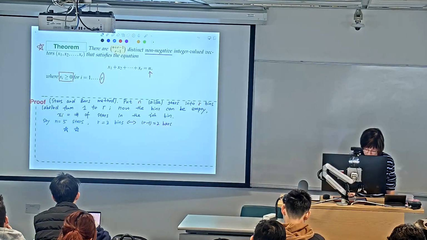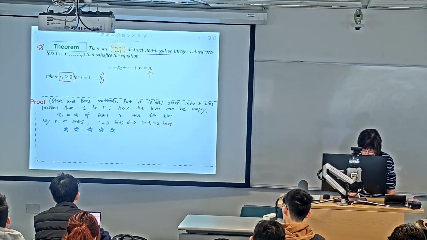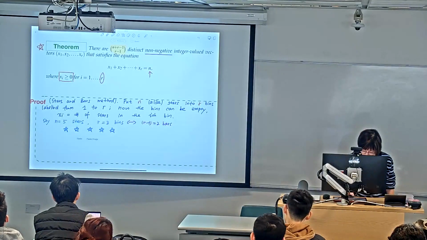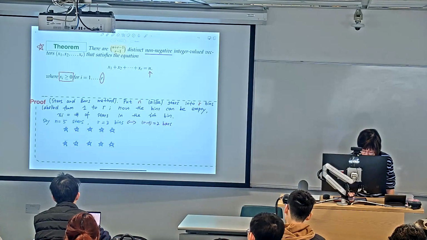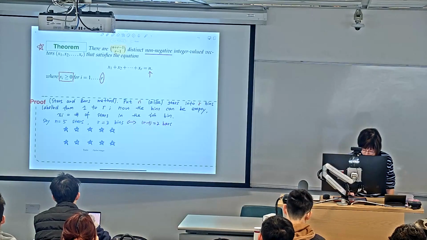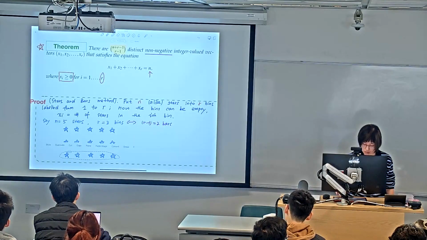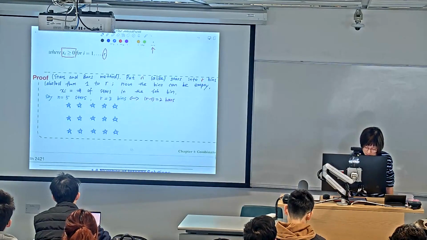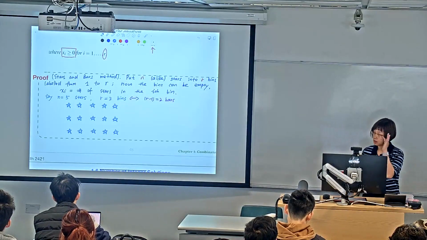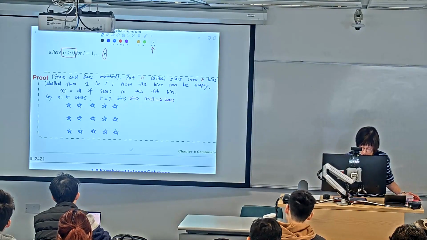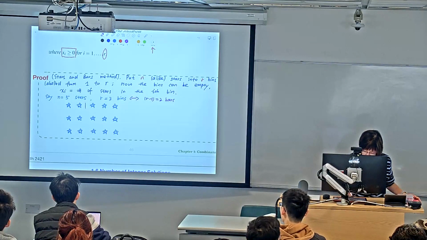So we have 5 stars. Okay, so maybe I just copy them a few times so we can place the bars. Okay, so of course you can put the bars here and here.